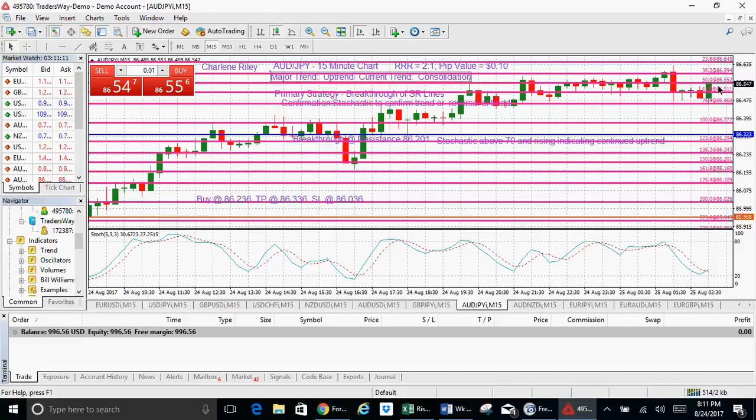So I see the breakthrough, but I don't yet have confirmation. The stochastic is only at 28, and I would need to see the stochastic go higher, above 50, in order to confirm the reversal to an uptrend.